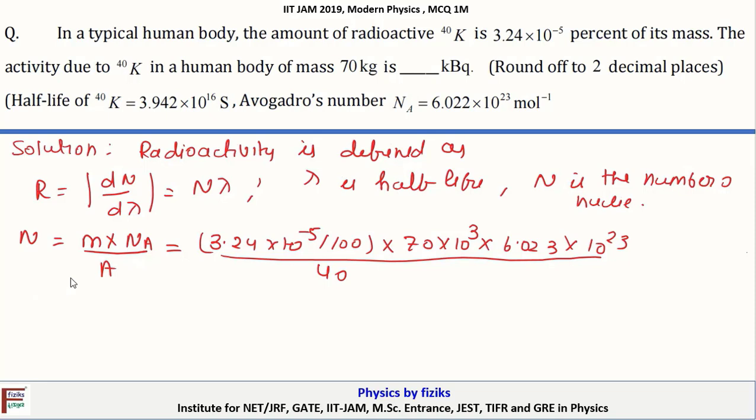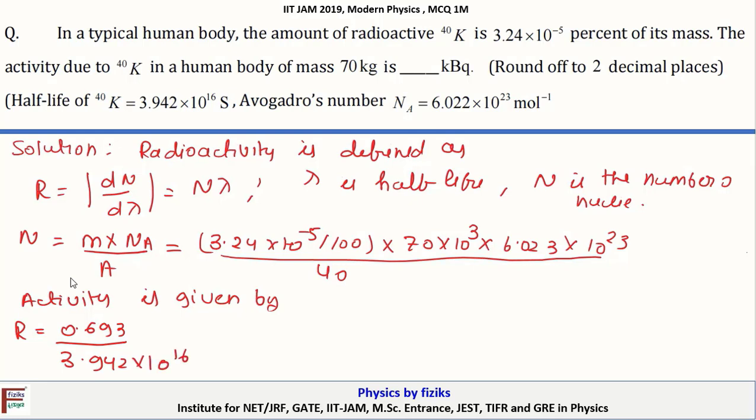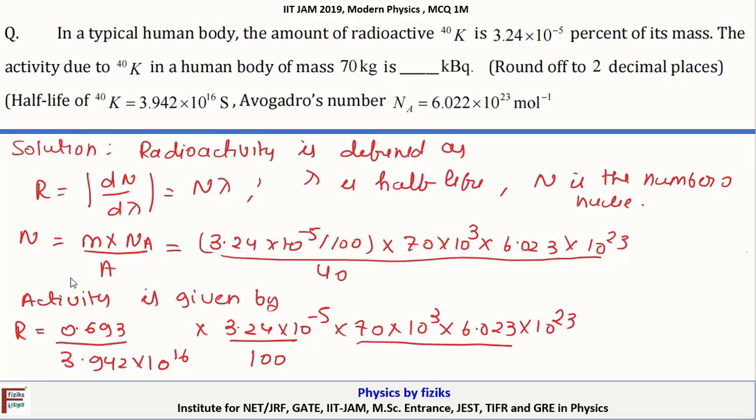Activity is given by R is equal to 0.693 divided by 3.942 times 10 to the power 16 into 3.24 times 10 to the power minus 5 divided by 100 into 70 times 10 to the power 3 into 6.023 times 10 to the power 23 divided by 40 would give us 6.0 kilo becquerel.